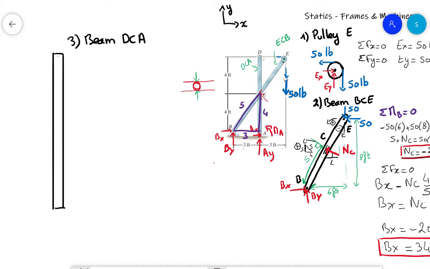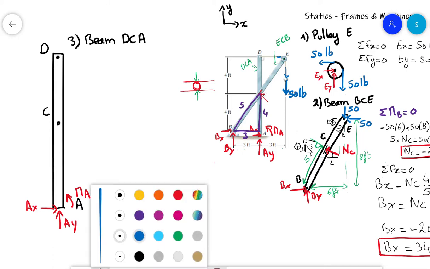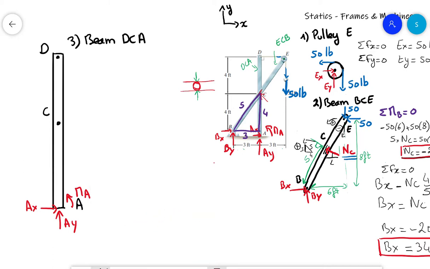Okay, so there's a tension at D, at C, and at the point A. At the point A, we draw the 3 unknowns, AX, AY, and MA, and again MA is the reaction moment. At C, we have this NC.